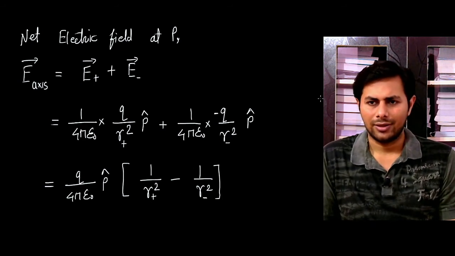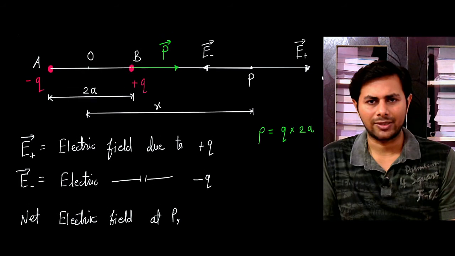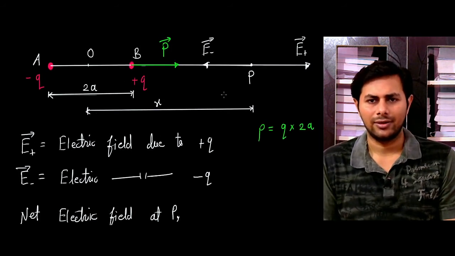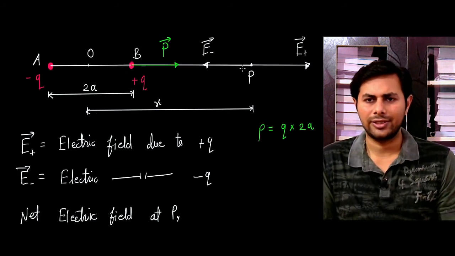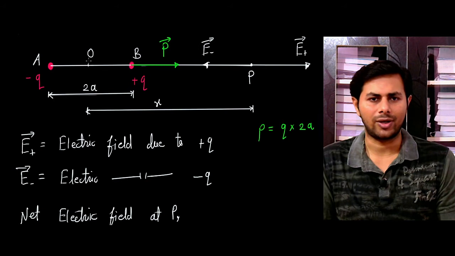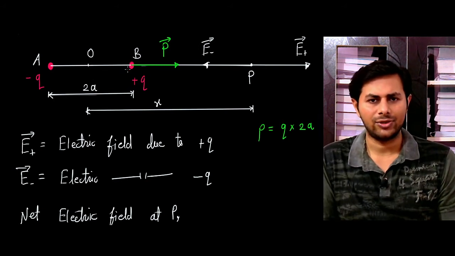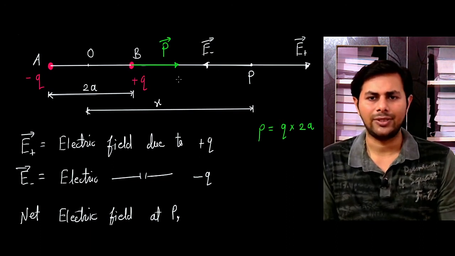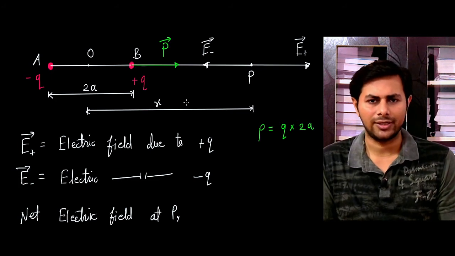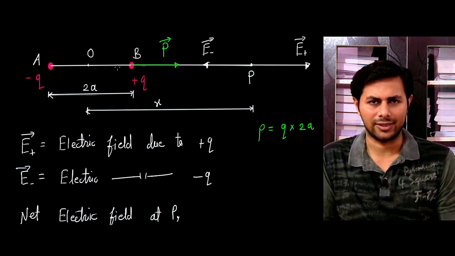Alright. Now let's see what is R plus and R minus. So R plus is the distance of point P from this positive charge, and the distance of point P from the midpoint of the dipole is x, and the distance of the positive charge from the midpoint is a, and that means the distance of P from the positive charge is this distance minus this distance.